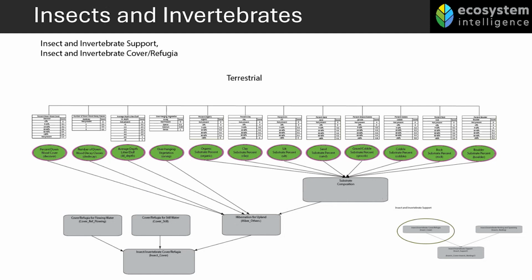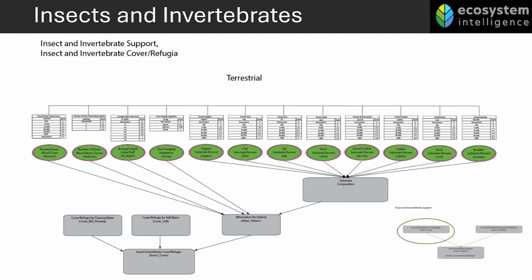And so you can see things like higher scores coming in for gravel cobble than you have necessarily coming in for clay, because gravel cobble has a potential to support a broader array of insect invertebrate cover refugia scores than clay as an individual component does.